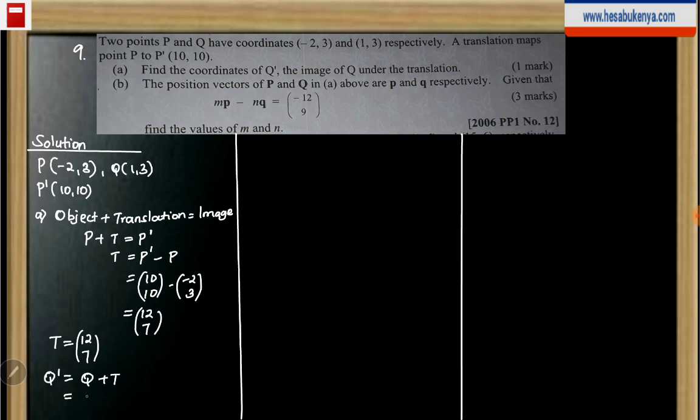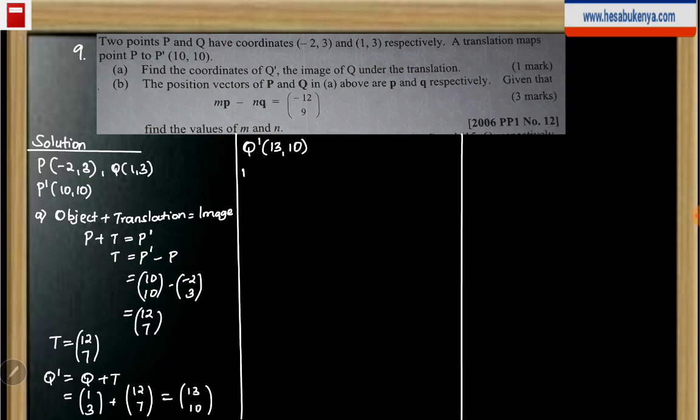So this will be equal to Q, which is 1, 3, plus T, which is 12, 7. So adding the two, we get 1 plus 12 is 13, then 3 plus 7 is 10. So to get the coordinates of Q prime, we will have 13, 10.